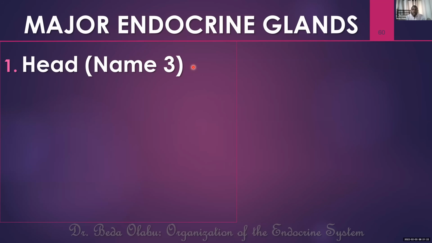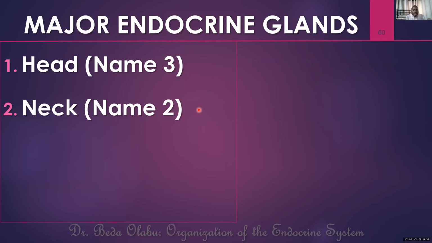So we focused on hypothalamus, pituitary, and pineal gland. Then on the second part of the lecture series, we looked at the endocrine glands in the neck region, where we focused on thyroid, parathyroid, but we also took time to look at the hormones that regulate calcium metabolism.